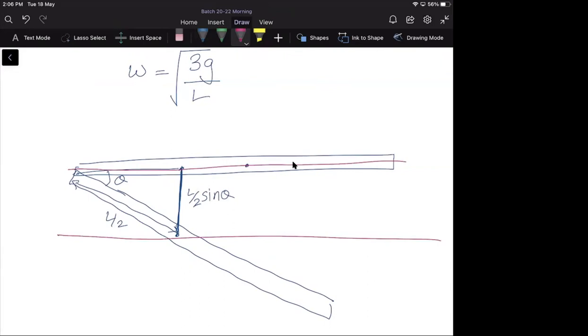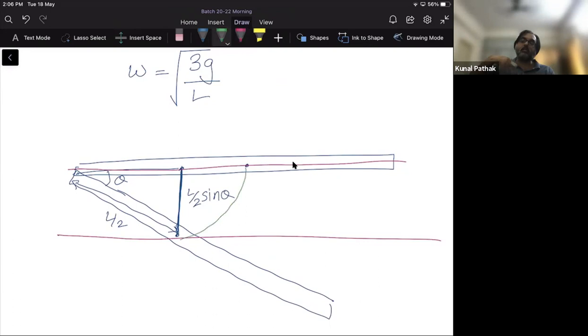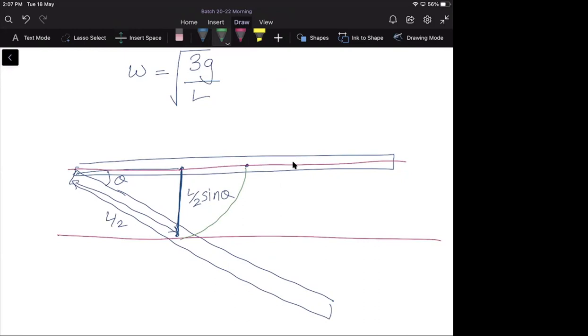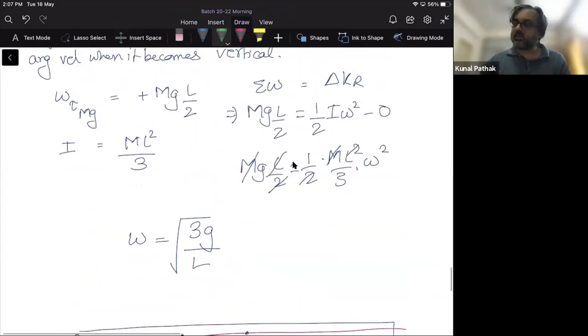Yes sir, understood. The actual path followed by the center of mass is a circle, but the vertical drop is this. Okay sir. Okay, so this will be the angle. How do you apply the work energy theorem?